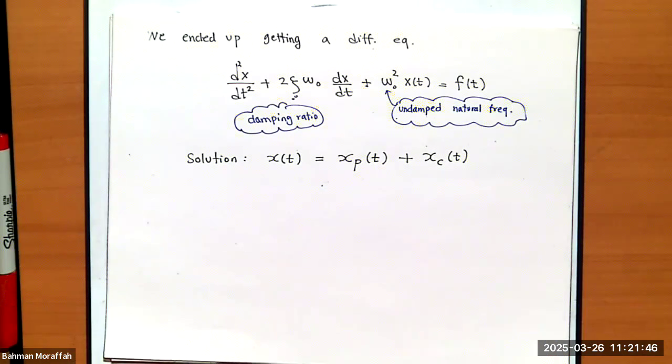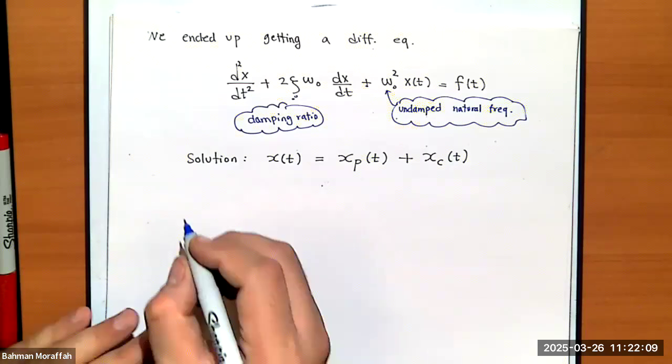We made the assumption that if f of t is constant, xp of t must be constant. Which basically meant, if I look at my circuit, all the sources that I have are constant sources.